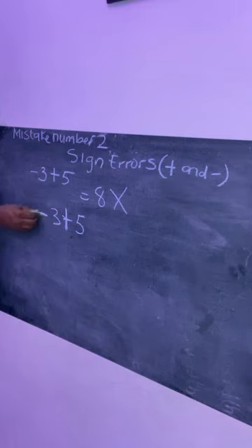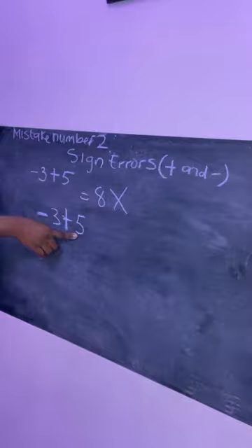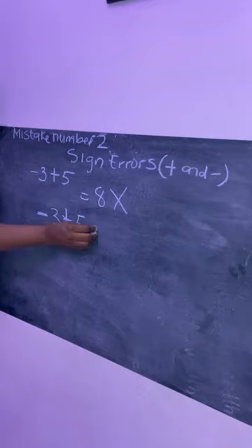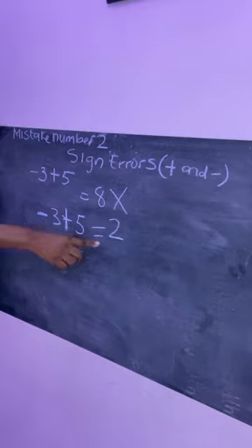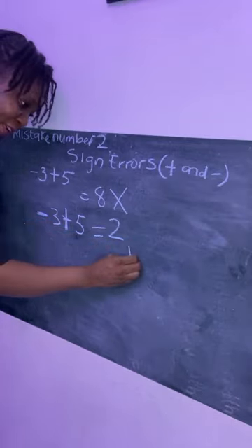Negative here stands for what you gave out. So for instance, I have 5 pencils and I gave out 3 pencils. How many do I have left? What I have is 2. So minus 3 plus 5 is 2. This is the correct answer.